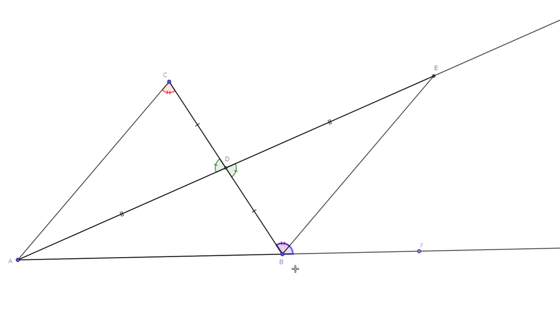And so what Euclid's common notion number 5 then tells us is that the whole is going to be greater than the part.